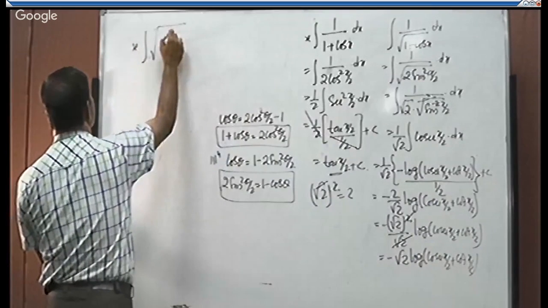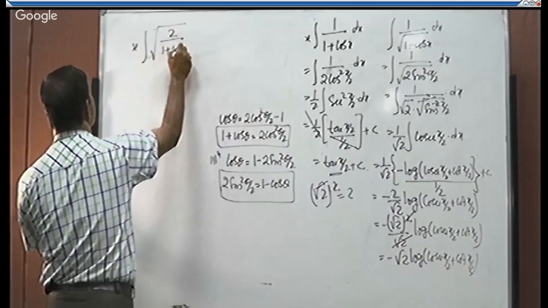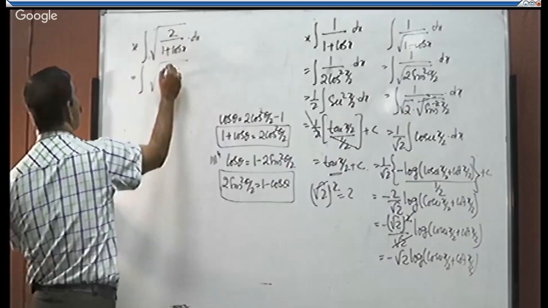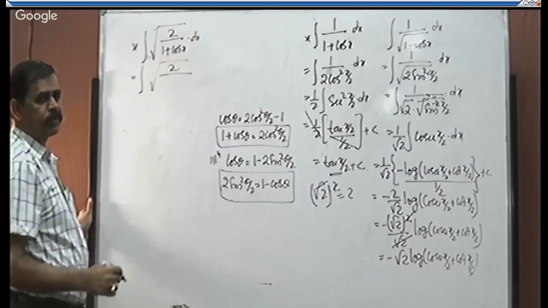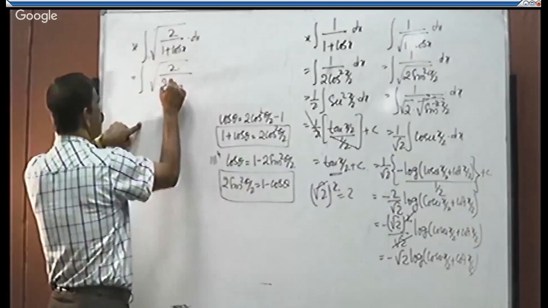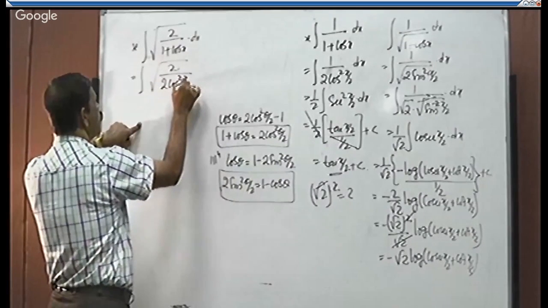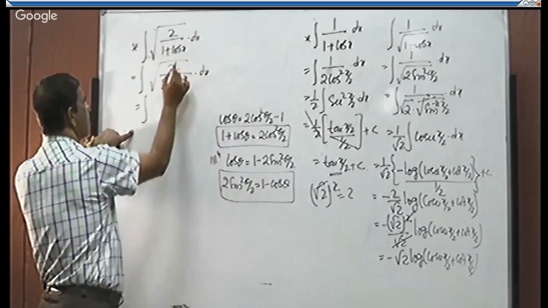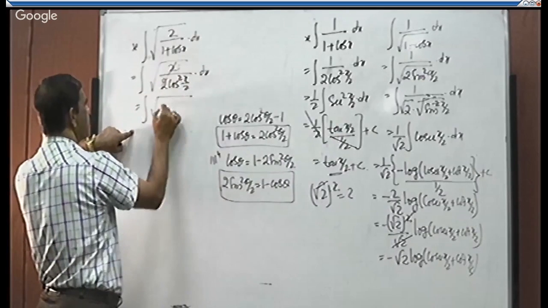Integration of root of 2 divided by 1 plus cos x dx. Root of 2 by 1 plus cos x. 1 plus cos x is equal to 2 cos square x by 2, right? Just the 2 gets cancelled. What is remaining? 1 by cos square. 1 by cos square is taken as what?